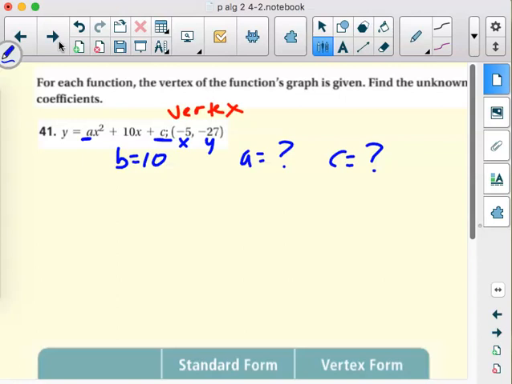Take a peek back. Look for a formula that has b, a, and x. When you find it, unmute yourself and let us know.